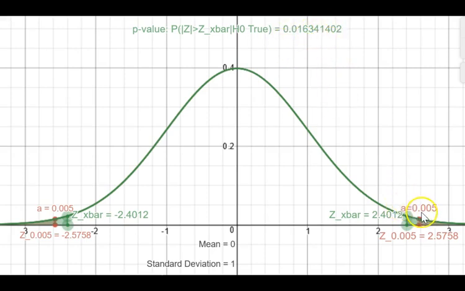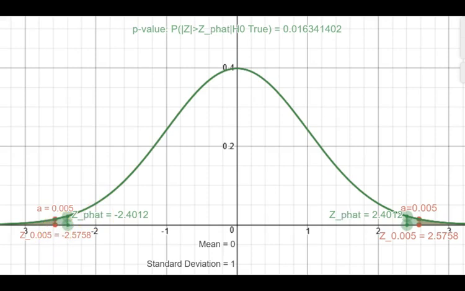It's larger than my alpha. My alpha is 1%, and I'm looking at 1.63%. So I'm close enough to my mean that I am not going to reject. I'm not in the rejection region, right? Mean of 0, standard deviation 1, and these are my x of p hat values, right?